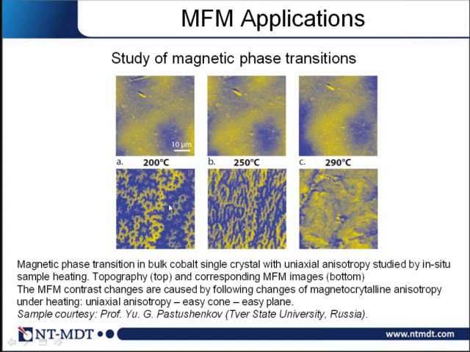By analyzing these domain structures, one can clearly see changes of the magnetocrystalline anisotropy. You see uniaxial anisotropy, easy cone anisotropy, or easy plane anisotropy. So such an example shows you that MFM is also a very powerful tool for investigation of magnetic phase transitions.